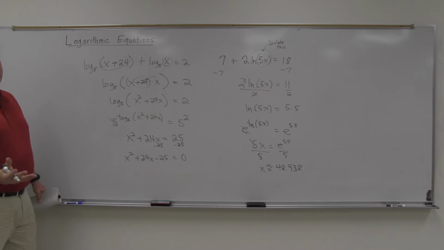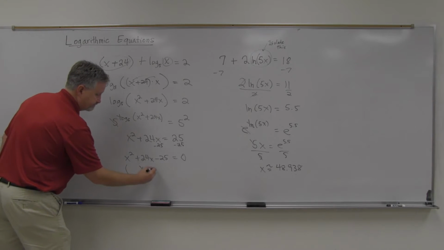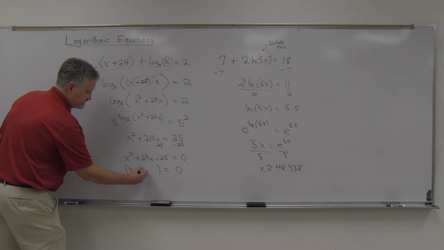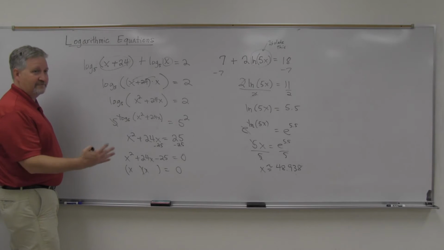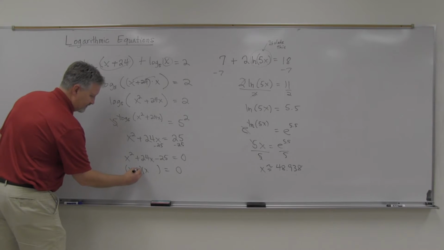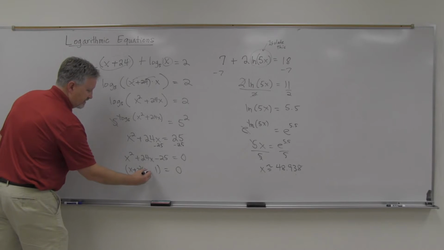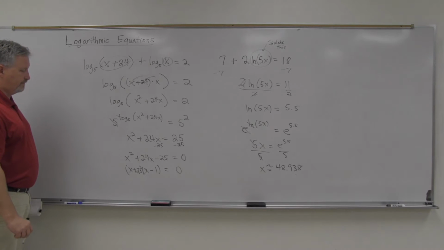But you need one side 0 to solve that, either by factoring or the quadratic formula. And this one, nicely, it's x and x. Minus 25 and 24 in the middle. That's 25 and 1. And the 25 and the 1 is minus, right?